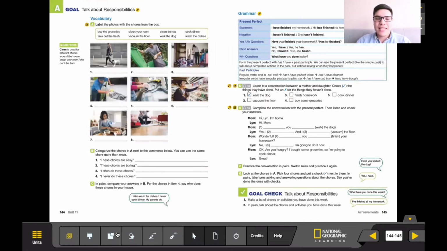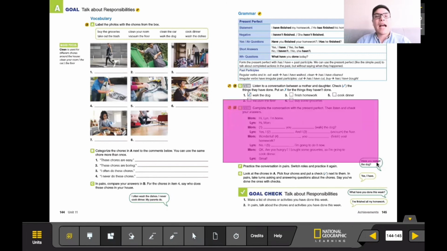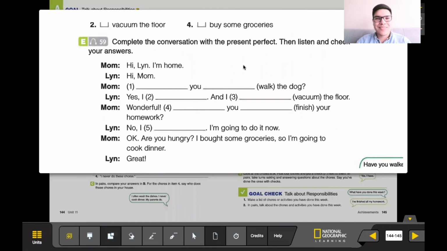This is the exercise that we're going to check for our next lesson. You have to complete the conversation with the present perfect, and then we're going to listen and check. So it's a conversation between Mom and Lynn. So good luck, guys, and I will see you for our next lesson.